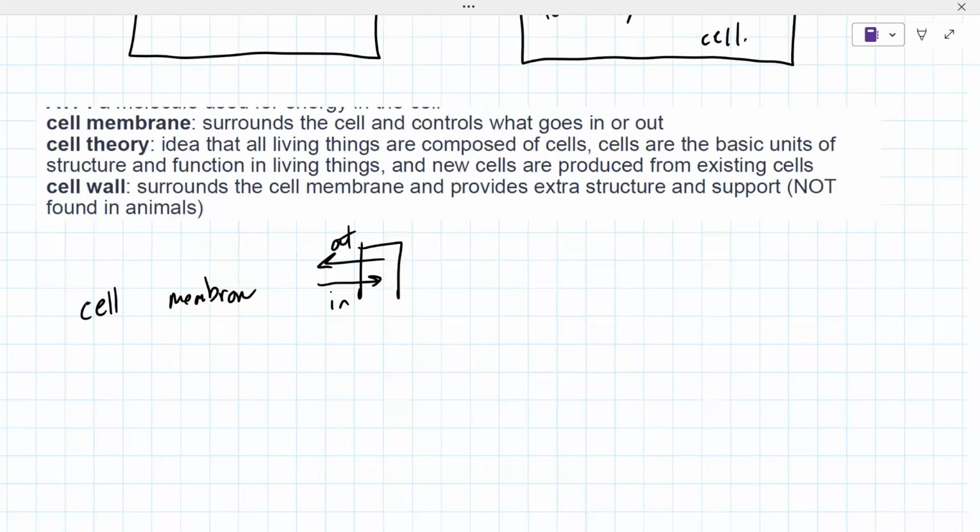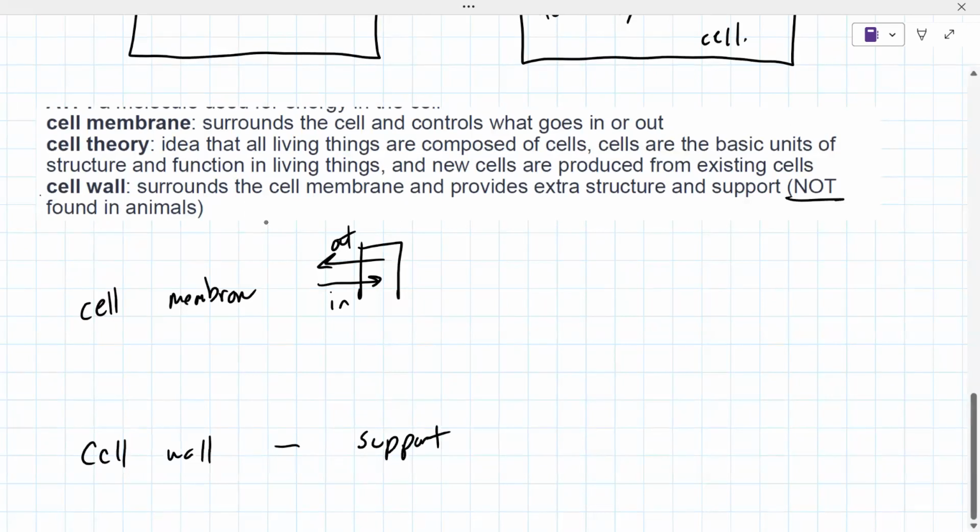Okay, let's look at a cell wall. Let's read what it says about a cell wall. It surrounds the cell membrane and provides extra structure and support. So a cell wall, you can think of it as literally like a wall. It's a support.